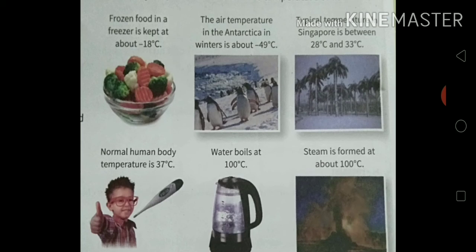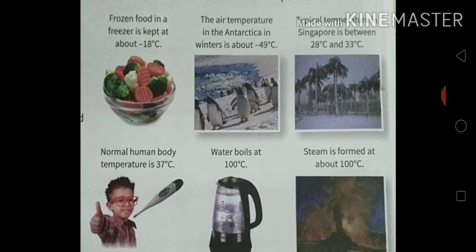Frozen food in a freezer is kept at about minus 18 degrees Celsius. What does minus mean? Minus denotes the intensity of cold. The air temperature in Antarctica in winter is about minus 49 degrees Celsius.